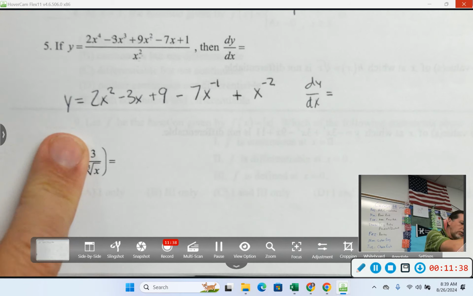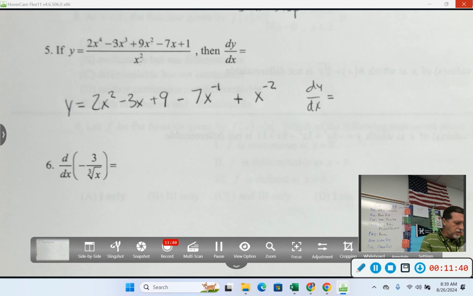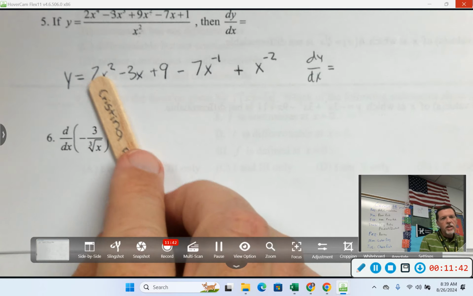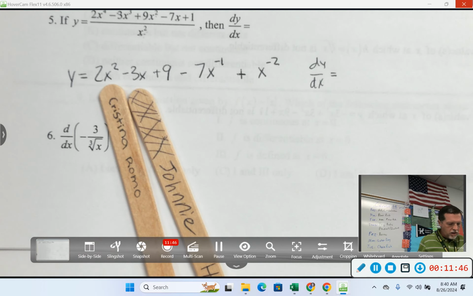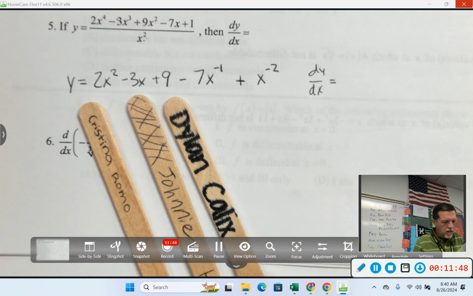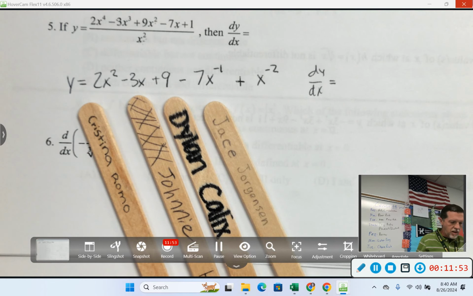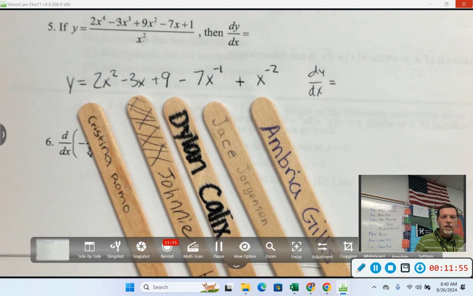Why not? Let's do 5 more popsicle sticks. Make sure everybody's on the same page, rolling along here. Okay.